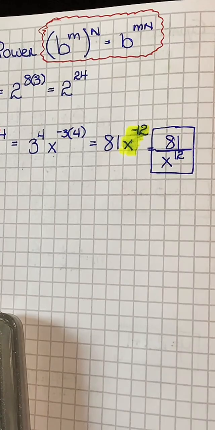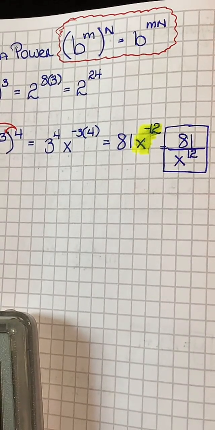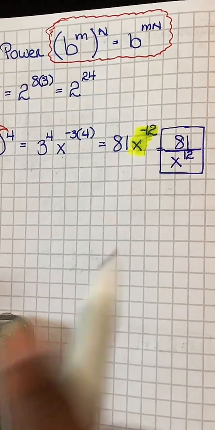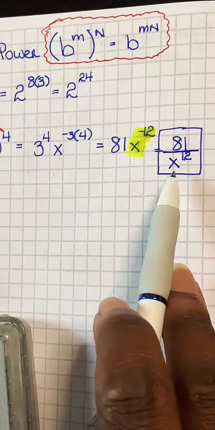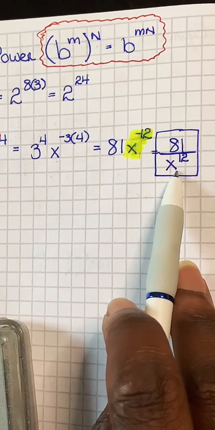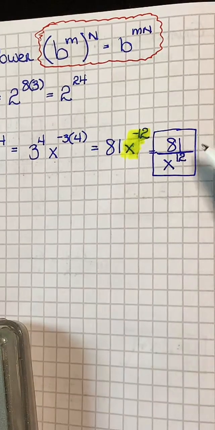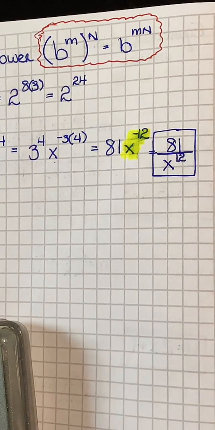All right. So that will be our official answer right there. Just for that one. So as you notice, negative exponent, just what had the negative exponent associated, that's what dropped in the denominator. The 81 stayed right where it is because it's not being raised to a negative exponent.